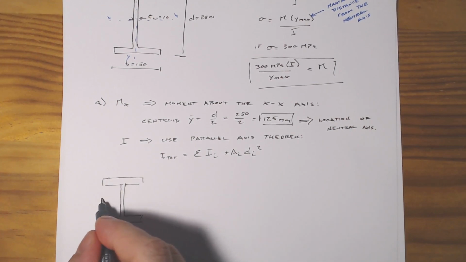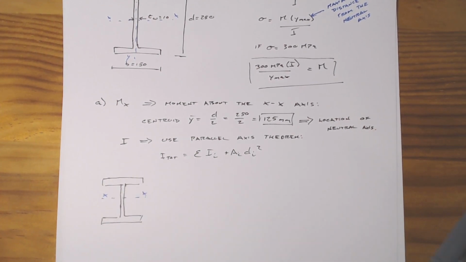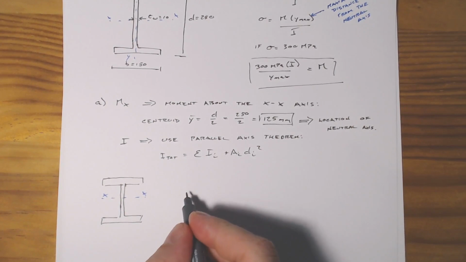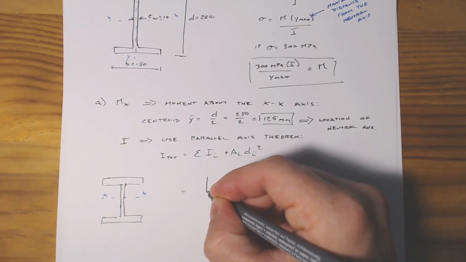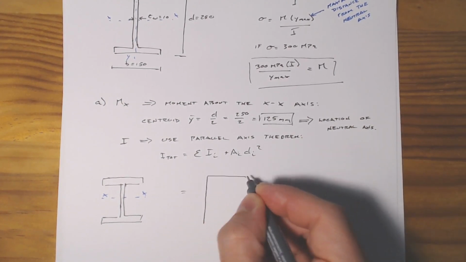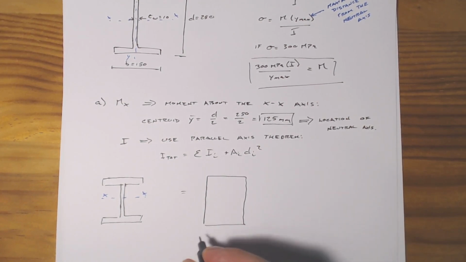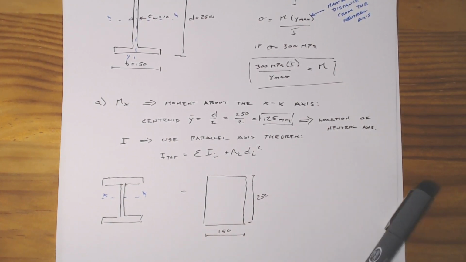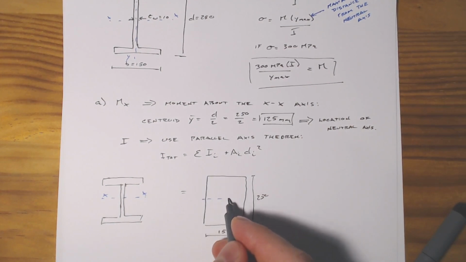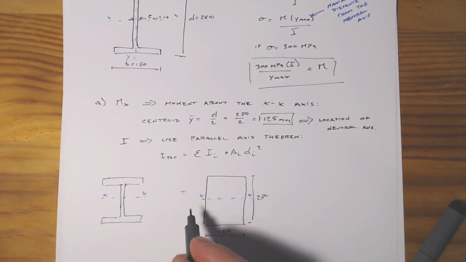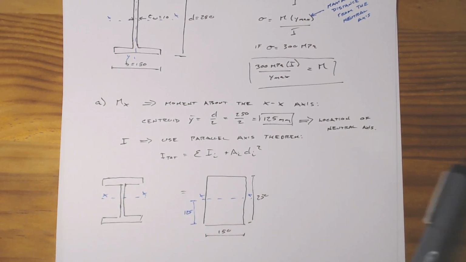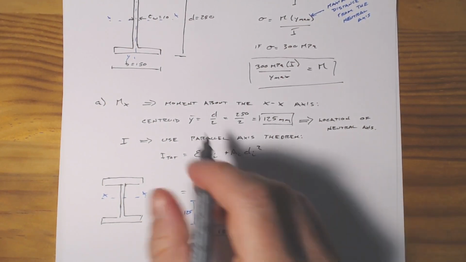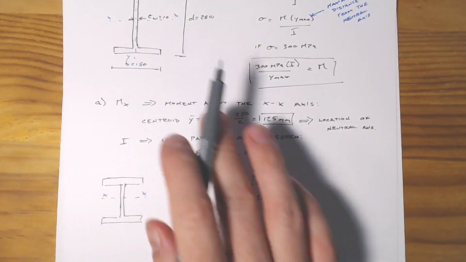If we're going about the XX axis here, this is simply going to equal the outside, which has a width of 150 over 250, and this distance here, 125, subtracting out the two voids either side of the web here.